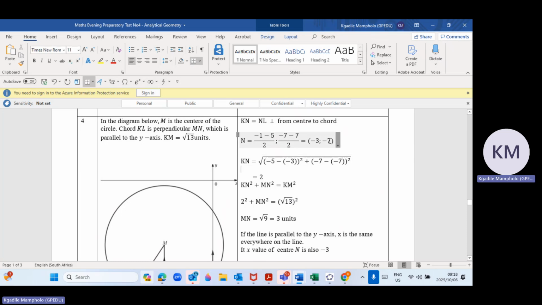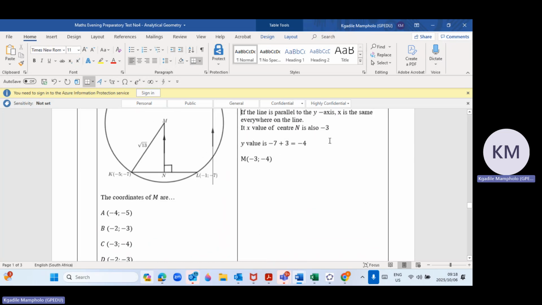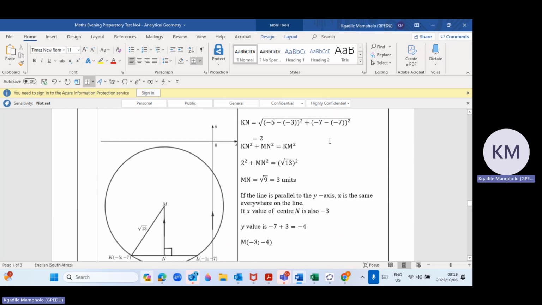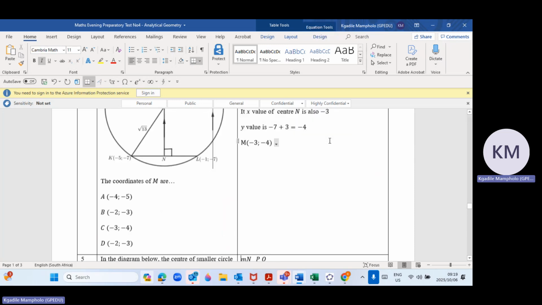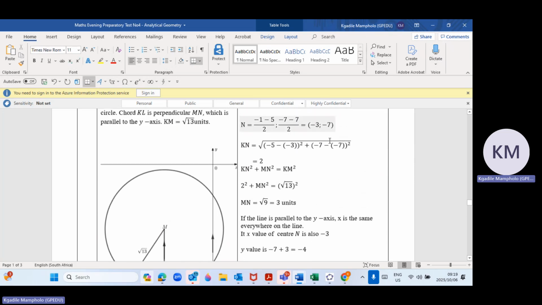Now from there we calculate KN using the distance formula. Since we know the coordinates of N, we say KN: -5 is the x value of K, and the x value of N we calculated to be -3, so -3 all squared.